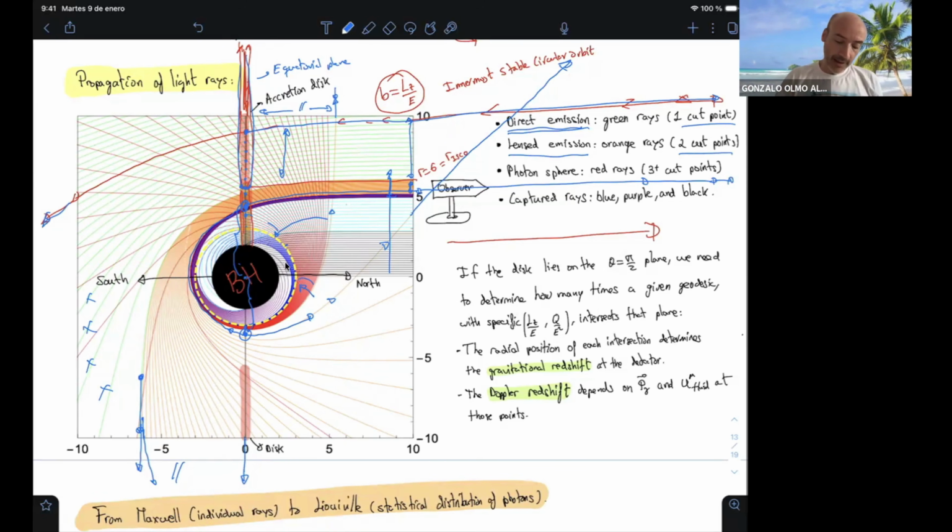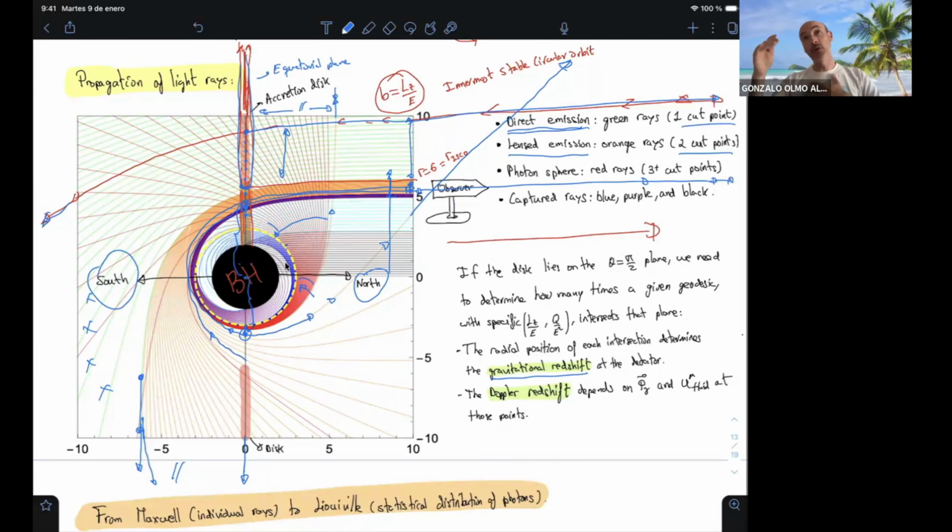So the light emitted from the south side, here, since we are at the North Pole, can be strongly lensed and reach the detector. Very good. That is the lensed emission. And then the photon sphere is made out of those photons that have three or more intersections with the accretion disk.